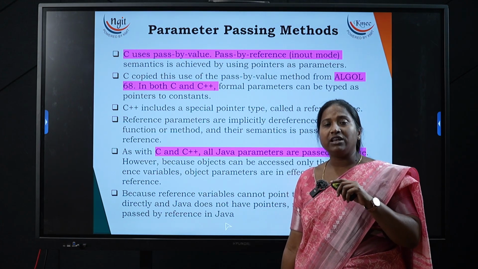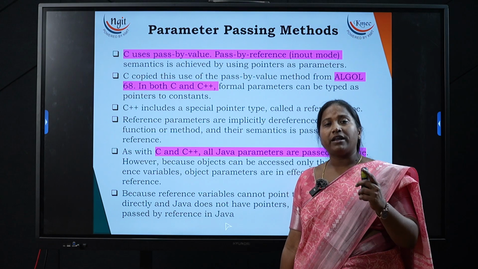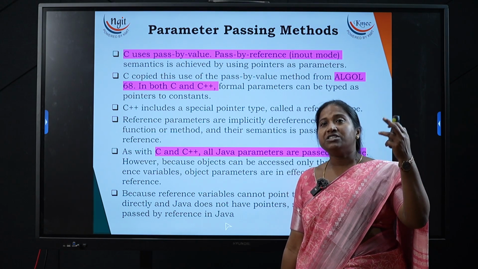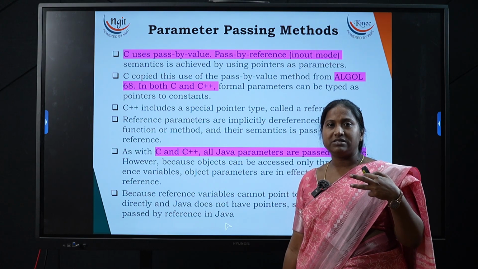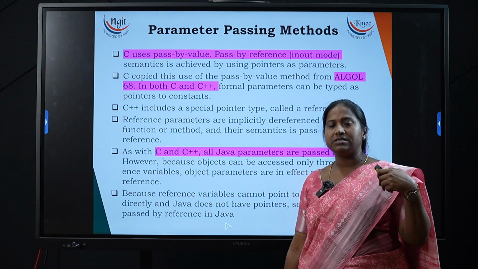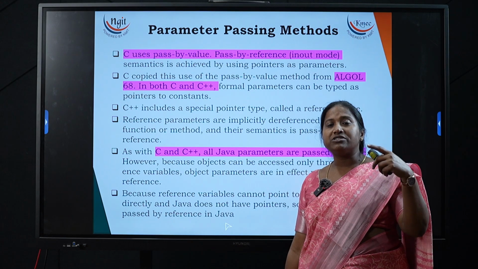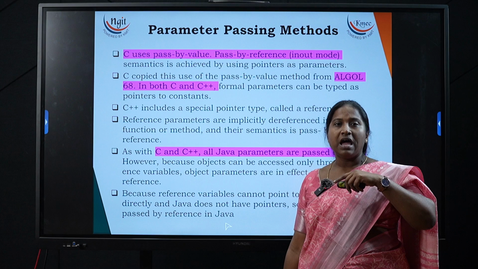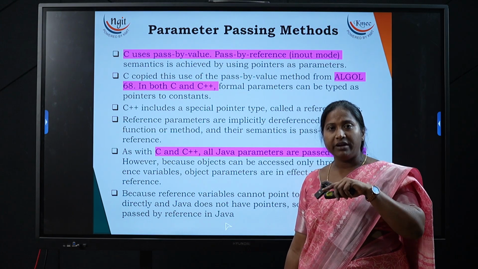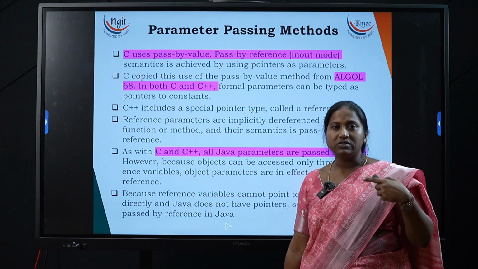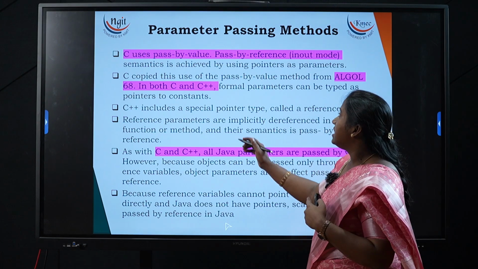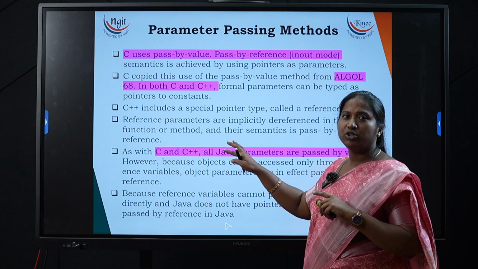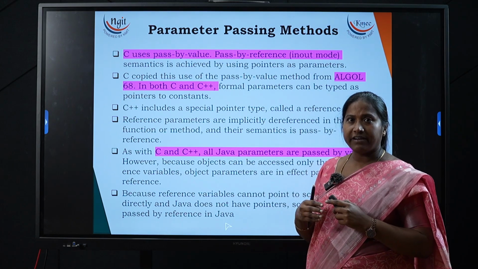If you see the genealogy of programming languages, which we discussed in the first unit, there you can find the features of ALGOL 68 were carried into C. That's why C has parameter passing techniques as a natural characteristic.